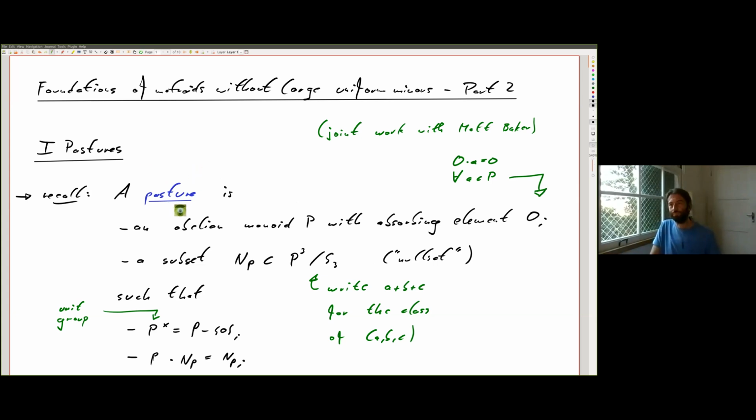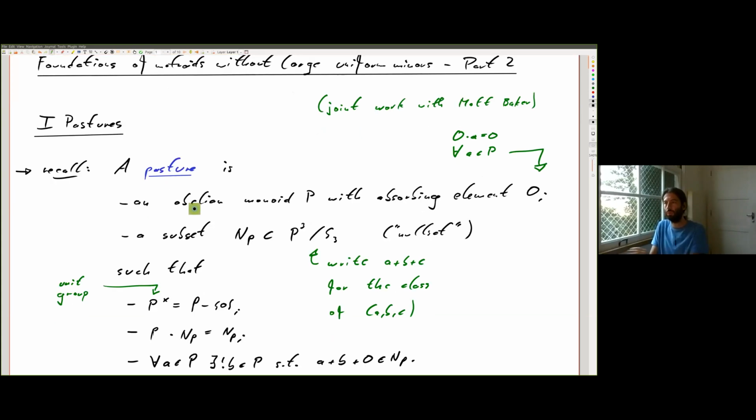A pasture, to remind you, is an abelian monoid P, multiplicatively written, with an absorbing element 0. This is an element that multiplies every other element of the pasture to 0. Together with the subset N_P of triples in the pasture, modulo the permutation action of S3 that permutes coordinates.